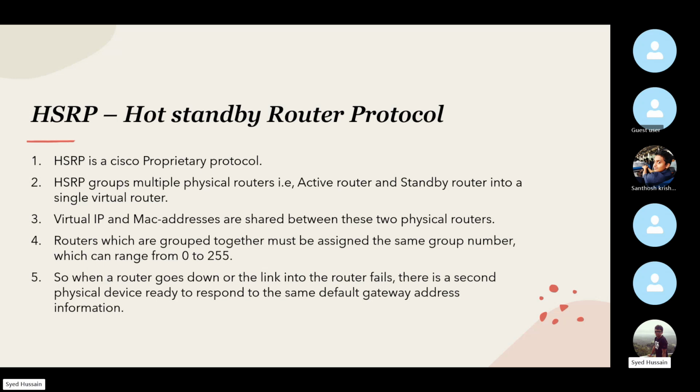There are two types of routers in HSRP. The first is the active router and the other is the standby router, and there is also a virtual router as well.